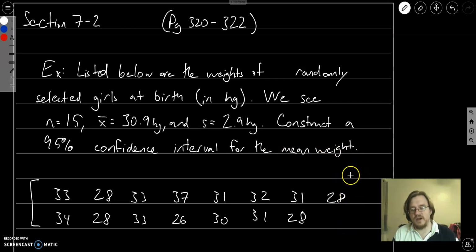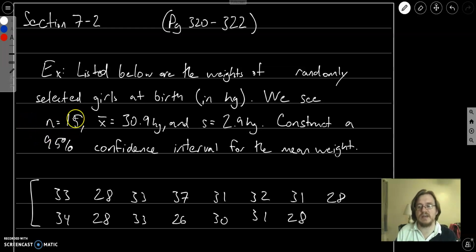Now, before I really dive in here, most of our methods rely on some normality in the sample mean distributions. And we see that we only have 15 members in our sample, which means that the other requirement must be met.